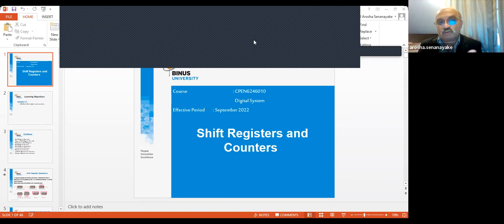Assuming the first bit received is 1, it moves to the second D-type flip-flop, and then the second bit received by the first one is 0. So 0, 1, with 1 shifted to the right, and then 0 shifted to the second one, and the next one assuming 1. So 1 will be the first one.